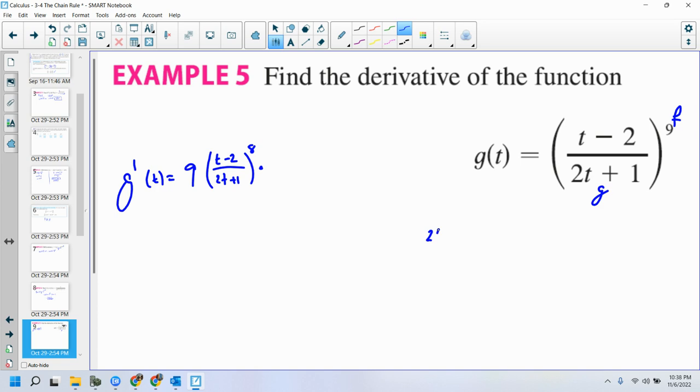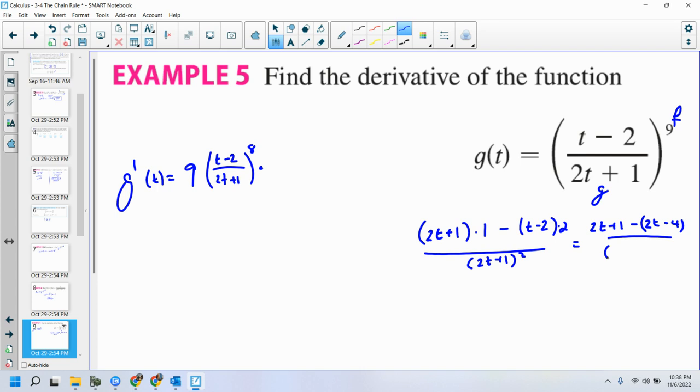Low d high, which is just 1, minus high d low, which is just 2, all over low squared. So all said and done, this is really just 2t plus 1 minus 2t minus 4 all over 2t plus 1 squared.